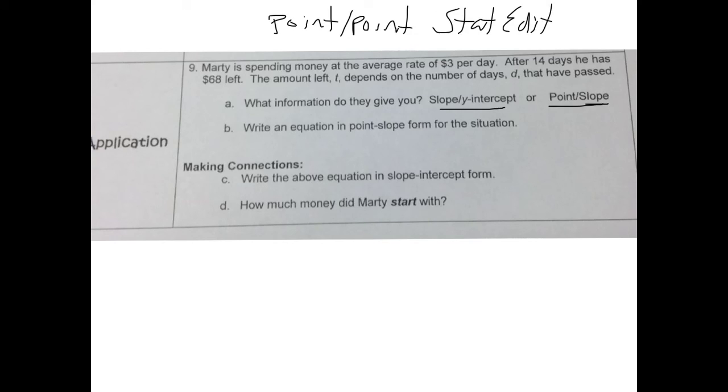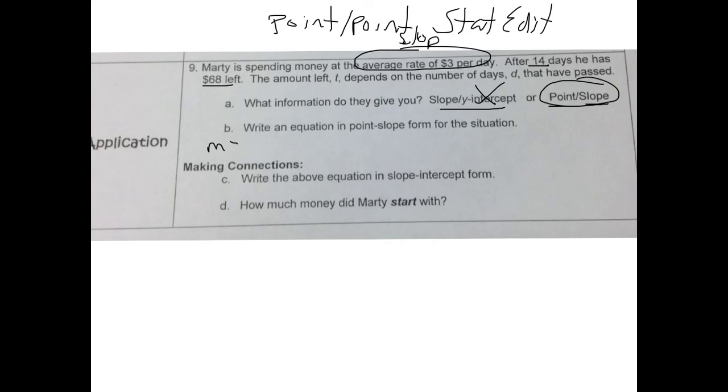So it says Marty is spending money at an average rate of $3 per day. After 14 days, he has $68 left. The amount left, T, depends on the number of days, D, that have passed. So this is a rate, and another word for rate is a slope. 14 and 68 is not a y-intercept. That's just another point. So we can do point slope form.